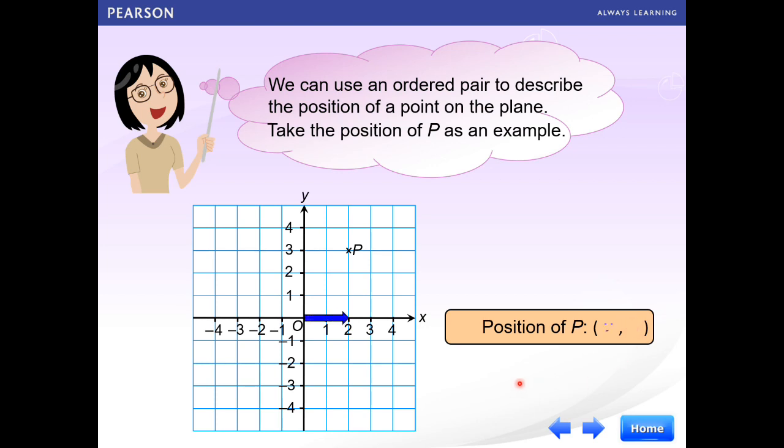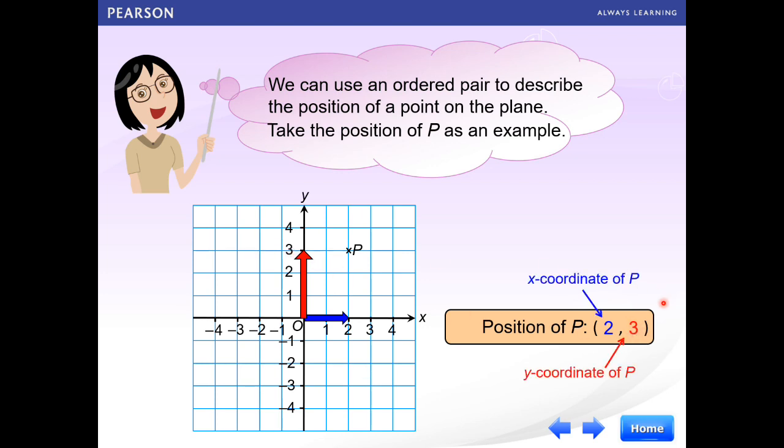For the first number, you will have a look at the reading on the horizontal line, the horizontal number line. So you will see 0, 1, 2. And then you will have a look at the reading on the vertical line, 1, 2, and 3. Write down the 2 first, that is the reading of the x, and then the y.